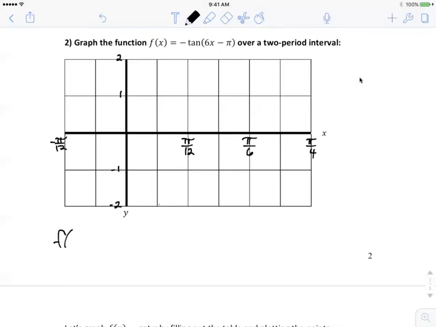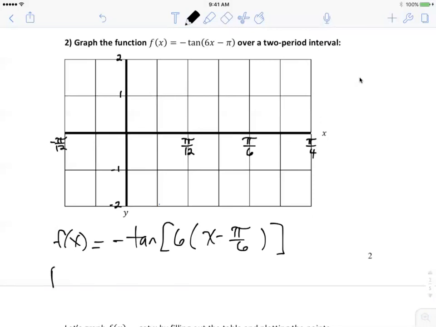So we have f of x equals negative tangent bracket 6, and that would be then an x minus pi over 6, right? Okay, because 6 times pi over 6 will give me that pi back. Okay, and now I can figure out the period, which is pi over b, which in this case, there's the b, right? So that's pi over 6. And I have a phase shift right there, which we call d. D is also pi over 6.